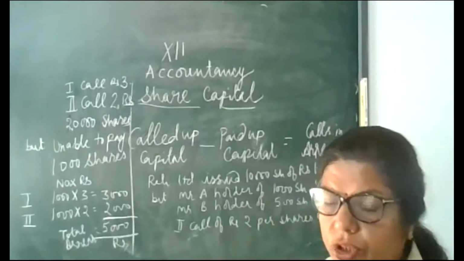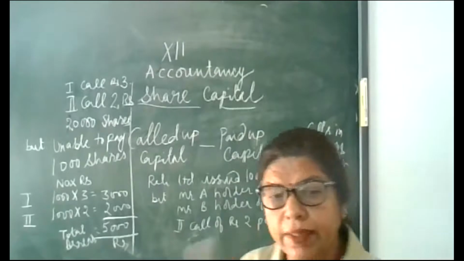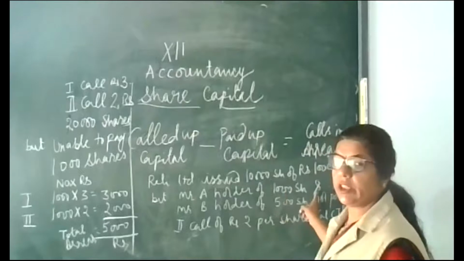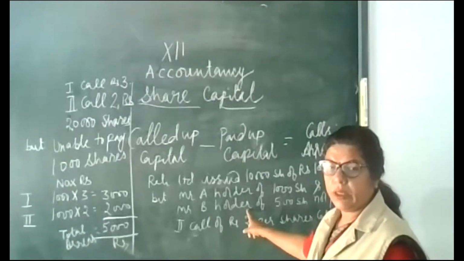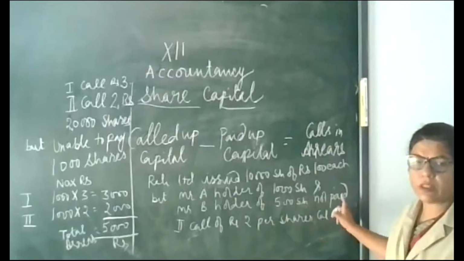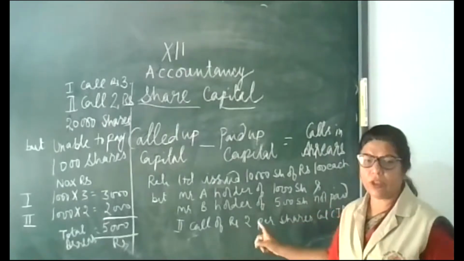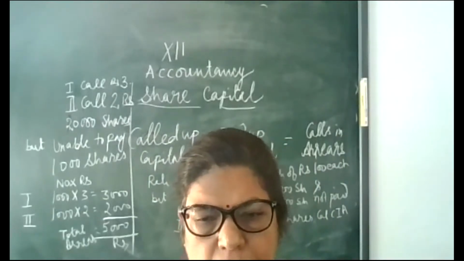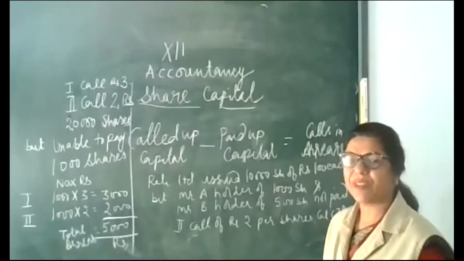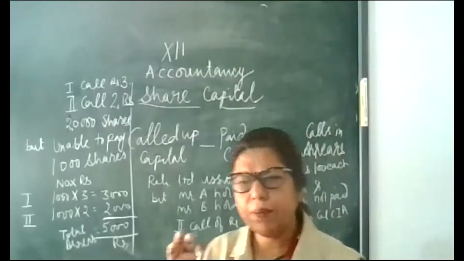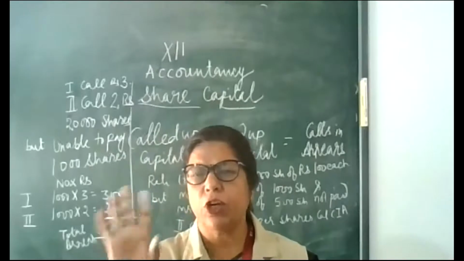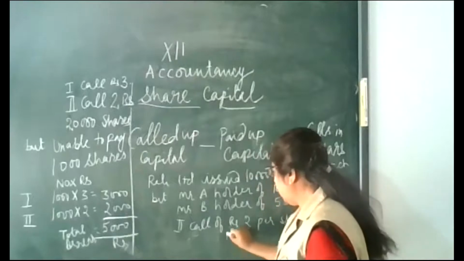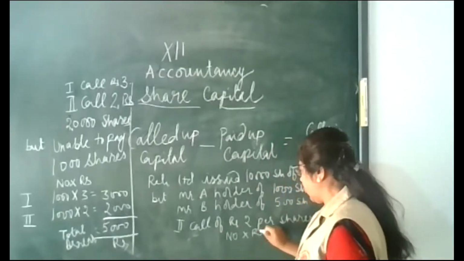Look at the screen, children. Company issued 10,000 shares, but Mr. A, holder of 1,000 shares, and Mr. B, holder of 500 shares, have not paid the second call of rupees 2 per share. What to do? I am going to give you just one more formula: numbers into rupees.